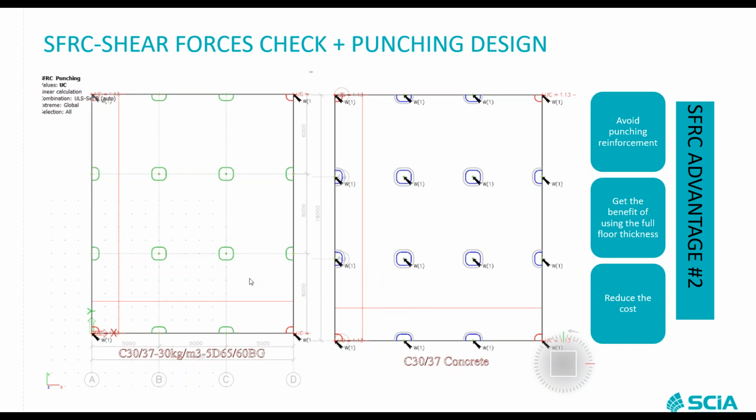Okay, and as you can see for the slab here on the left side, the internal columns will not require any punching shear reinforcement, while the traditional slab with the traditional reinforcement, I need to put extra reinforcement due to punching requirement somewhere here.